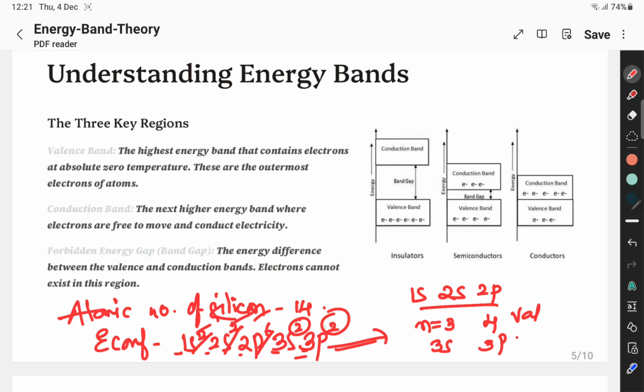Like in a single atom, the 3s and 3p orbitals have discrete energy levels, single energy levels. But we consider the silicon substance contains such 100 silicon atoms, not only one atom. Each silicon atom in that substance has various energy levels, like K shell, L shell, M shell.